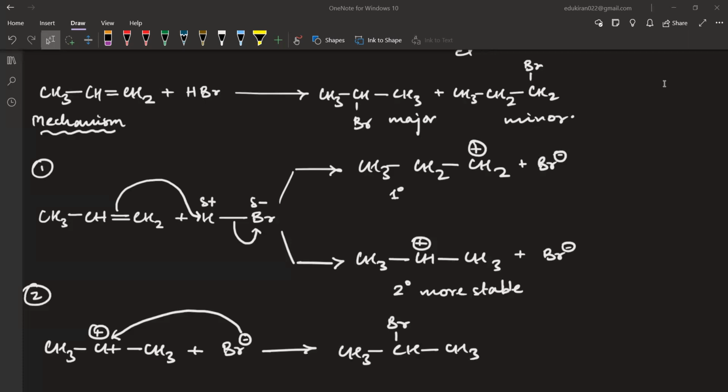When Kharash saw that he was getting some products in the day and some different product at night, he worked out the peroxide effect, and that is why it is also known as the Kharash effect. It has three names: anti-Markovnikov's rule, Kharash effect, peroxide effect. All of these three names are valid. Kharash comes in only because he took the lab journal of Markovnikov, found out the reason, and gave the explanation that it is due to the peroxide.